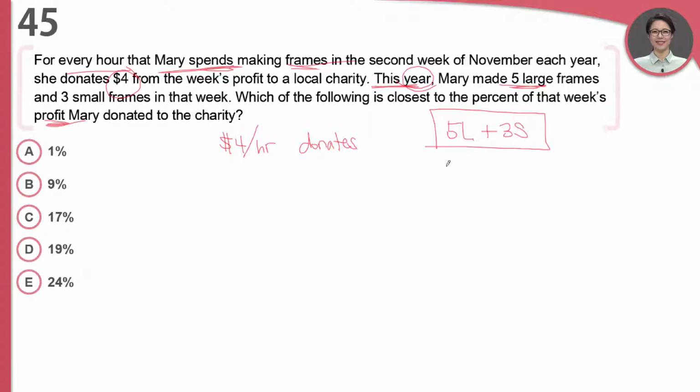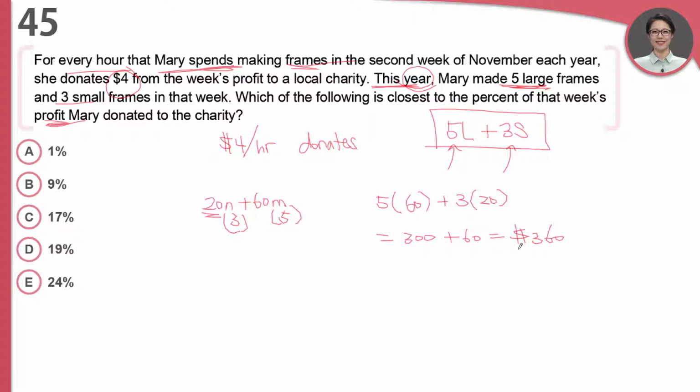She made 5 large, 3 small, so use the equation 20 n plus 60 m. So 5 times 60 plus 3 times 20, that's 300 plus 60. She earned 360 by making 5 large and 3 small.